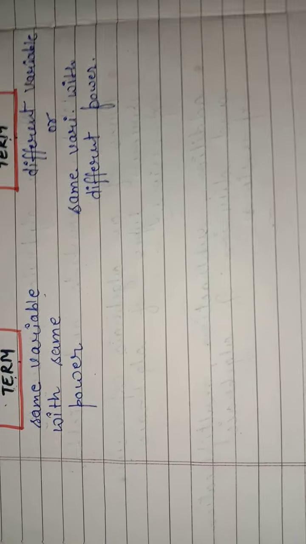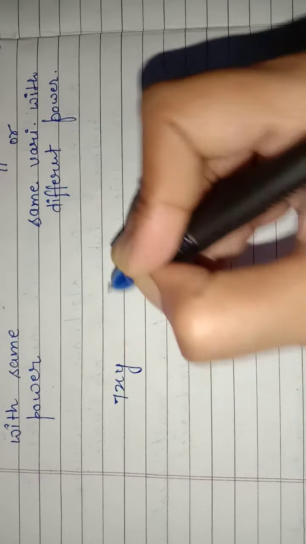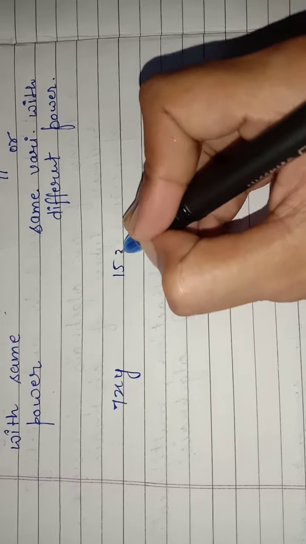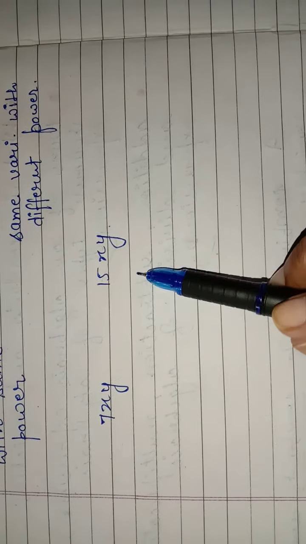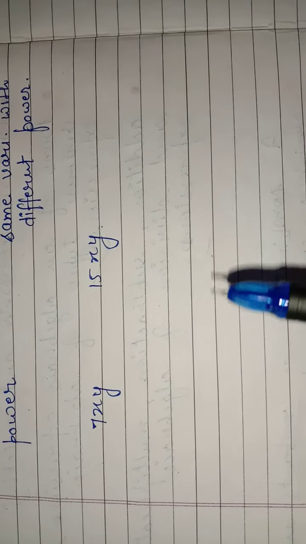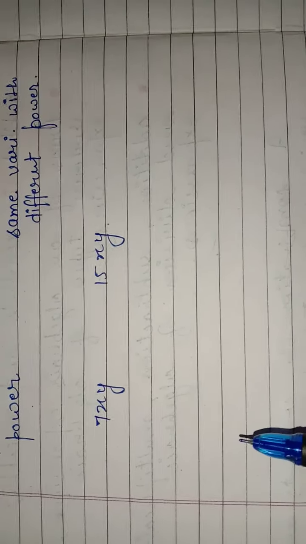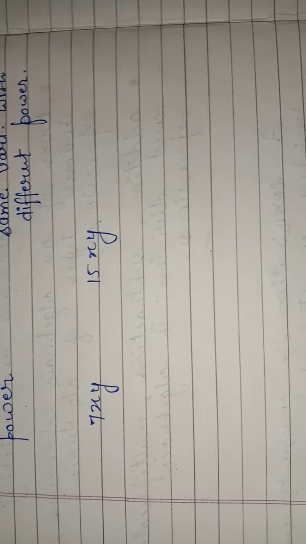Now understand with a couple of examples. Consider two terms, 7xy and 15xy. Are these terms like or unlike? Remember, to know the type we have to look at the variable, not the constant.